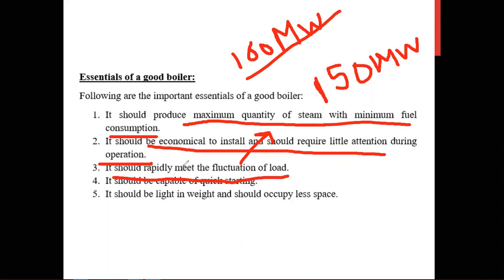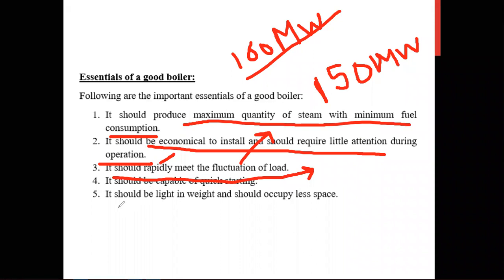A good boiler should rapidly, very fastly, meet the fluctuation. When the demand is high, more steam will be produced rapidly. And when the demand is low, we will stop producing more steam, and the steam production will be less, also very rapidly. This is one of the important parts.